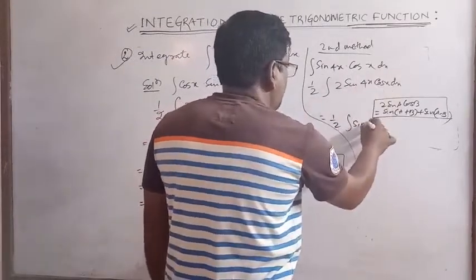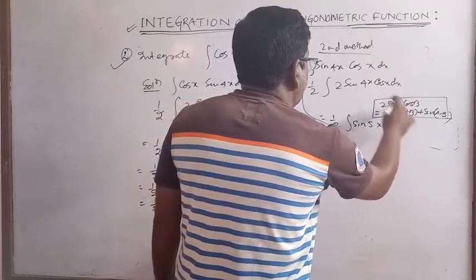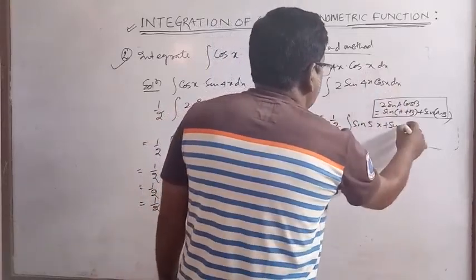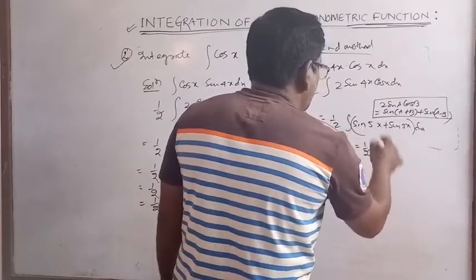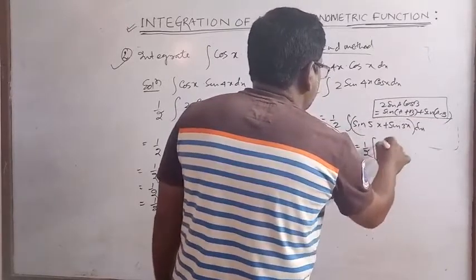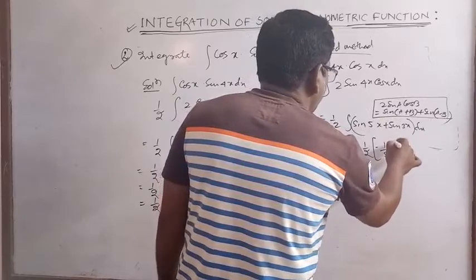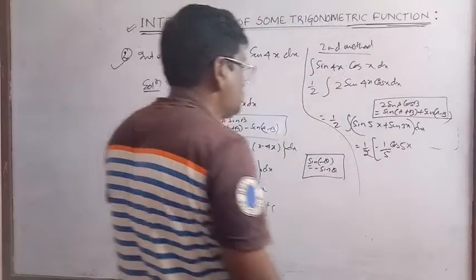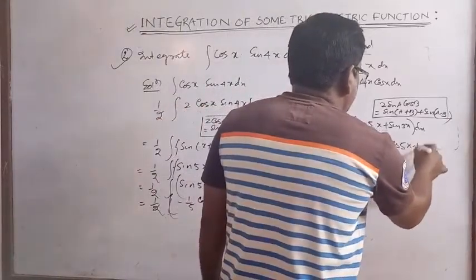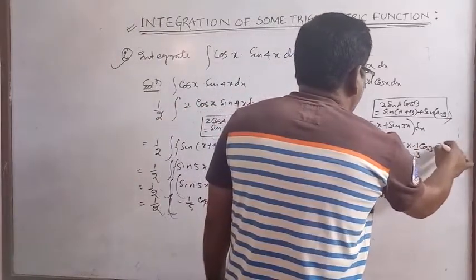So sin 5x plus sin what? 4x minus x, sin 3x whole dx, that is equal to 1 by 2 integration of sin 5x means minus 1 by 5 cos 5x, and integration of sin 3x means minus 1 by 3 cos 3x plus c.